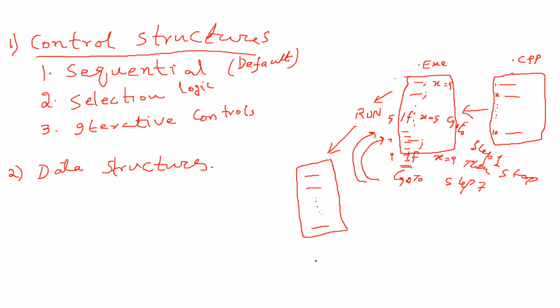So sometimes we need to repeat some instructions, and sometimes we need to break the sequential logic at any instance, while sequential is the default logic. Every time the compiler will decide by itself that the sequence is to be followed.